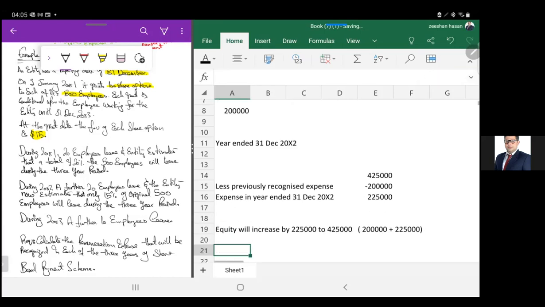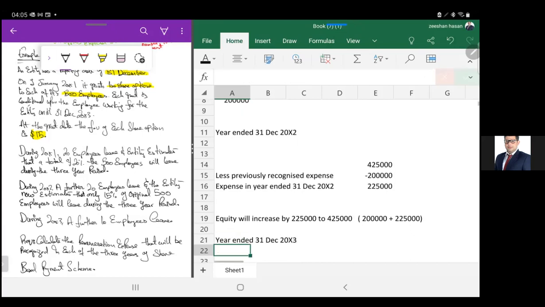Now we will do the final year calculation. Let us do it now. Now it's year ended 31st December 2000X3. Okay.